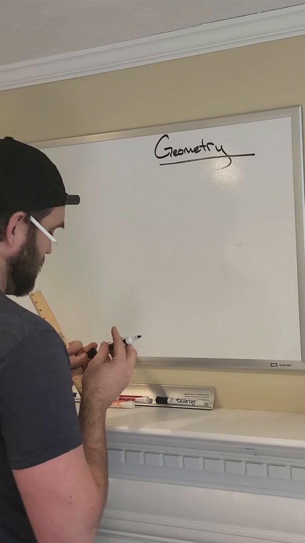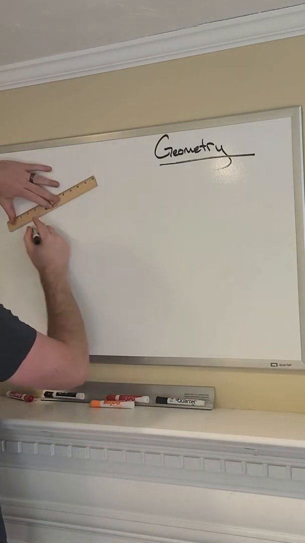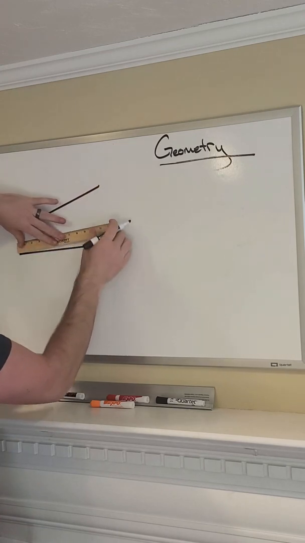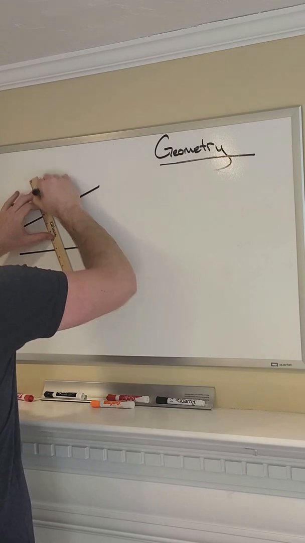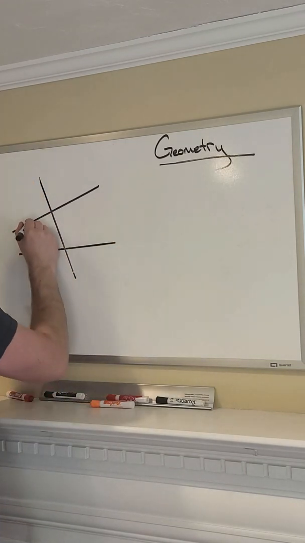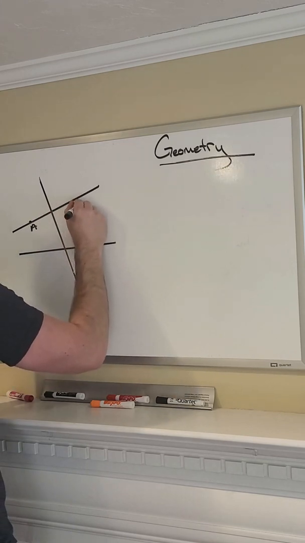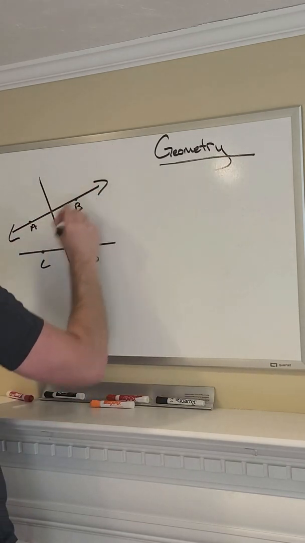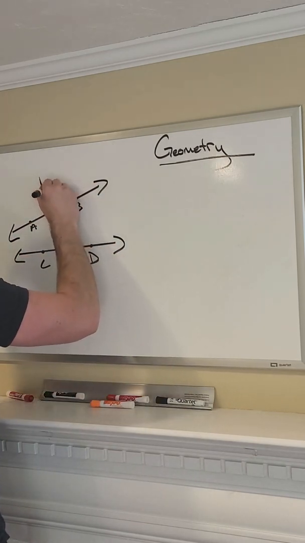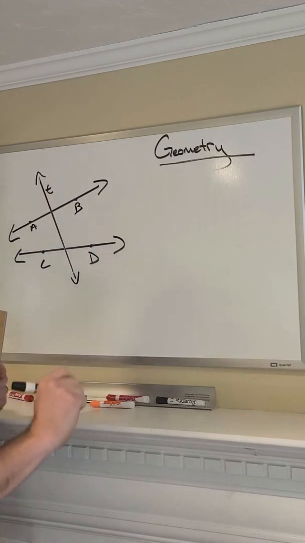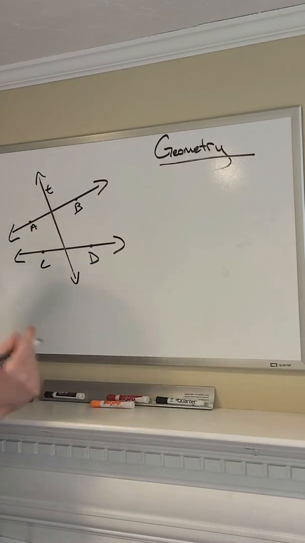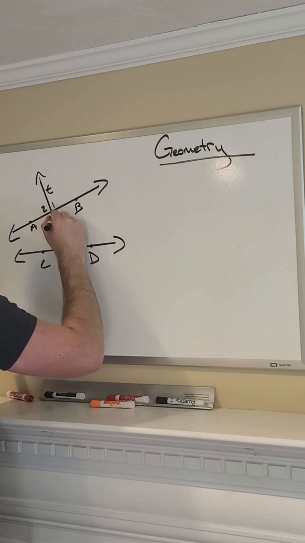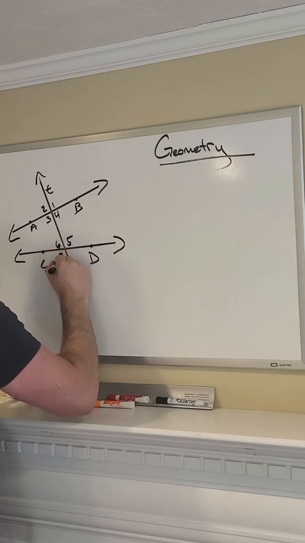I'll draw my new set of lines. We'll label them again: A, B, C, D, and T here. Then we'll name the angles 1, 2, 3, 4, 5, 6, 7, 8, just like I did before.